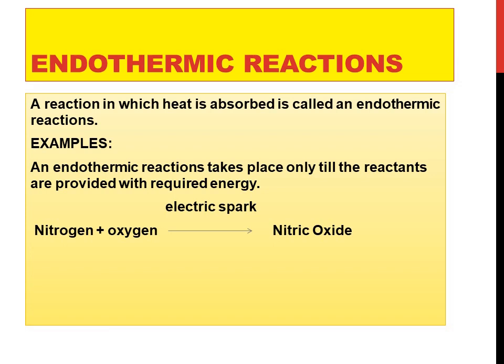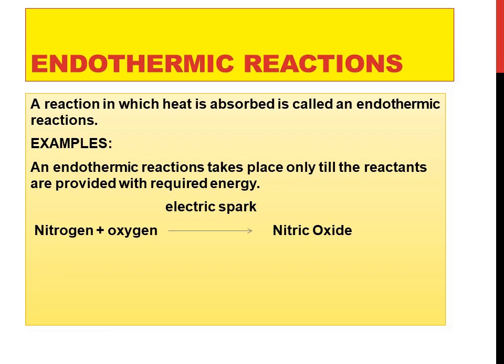If that energy is not provided, the reaction is not going to start. So in an endothermic reaction, heat or light is required. It takes place only if the required energy is provided. The reaction stops the moment the energy supply is cut off. As soon as we cut off the supply of energy, the reaction stops.